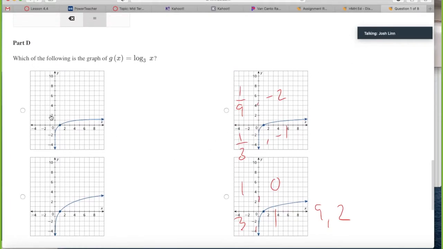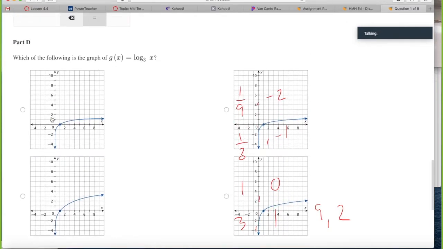What's right here? 1, 0. 3, 1. So this is 3 less than 1. So not that guy. So 1, 0; 3, 1. Still not this guy.